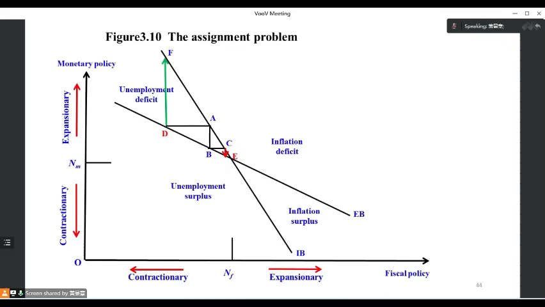And finally, we can change these countries' conditions to the internal and external equilibrium point. Let's go on.